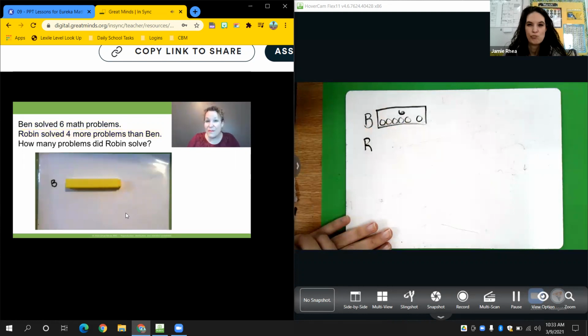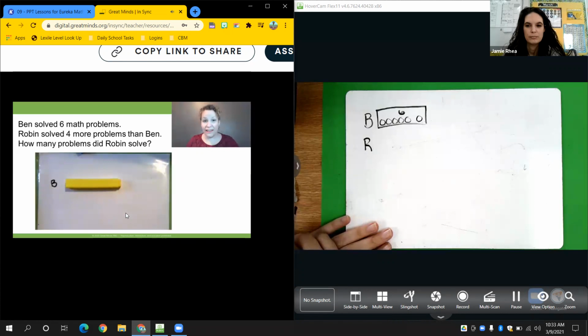Some people have thought, well, we can add 4 more right here. What will that show? Because this is Ben's 6. If I put 4 more, that's like showing that Robin has 4, or showing that Ben has 6 plus 4. That's not right.